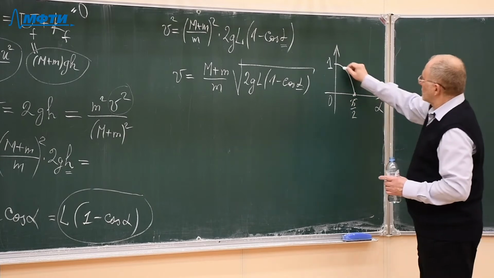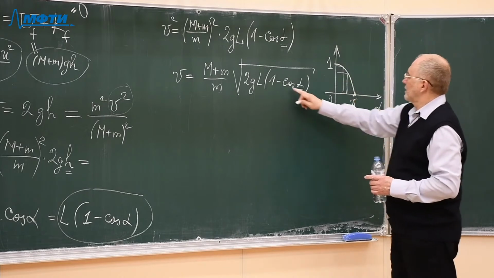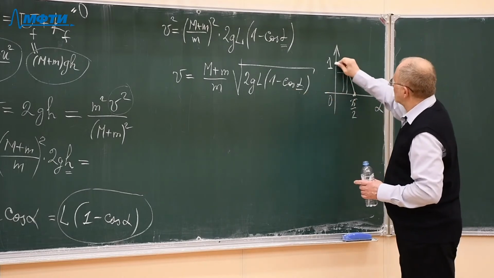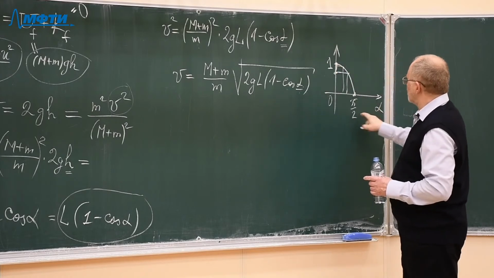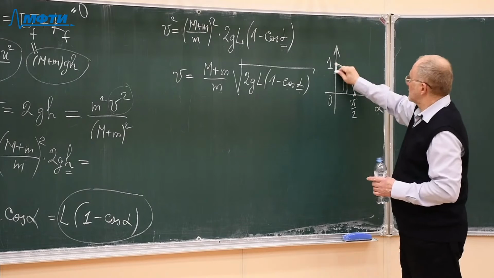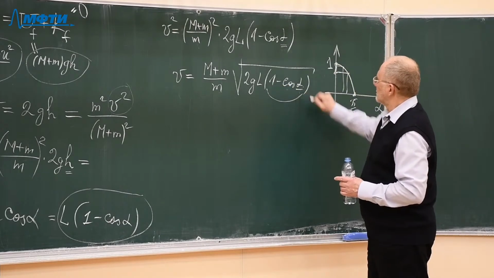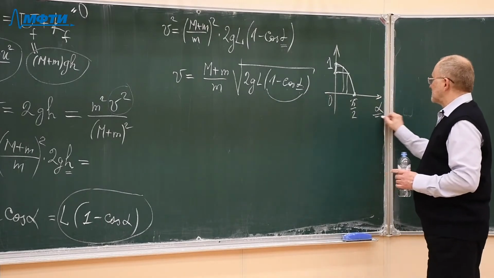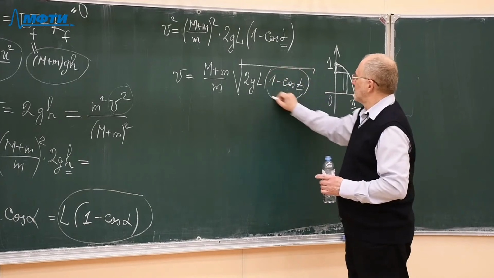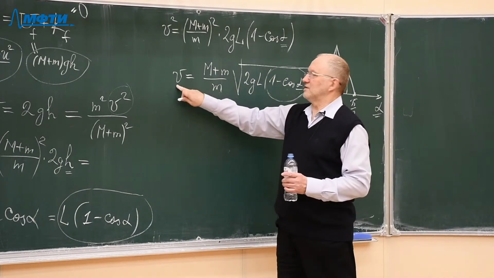So for larger alpha, we get smaller cosine, and the difference between unity and cosine will be larger. The larger the angle alpha, the larger will be the value of this round bracket. So if alpha is larger, then this quantity will be larger, and hence the velocity larger.